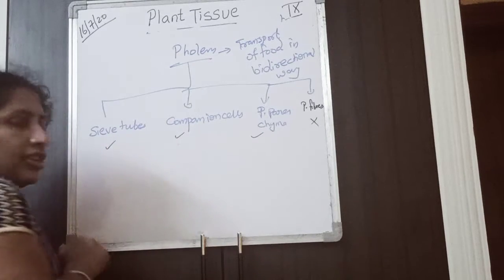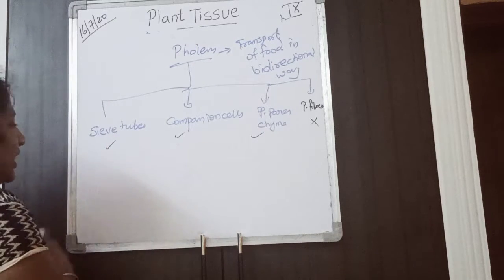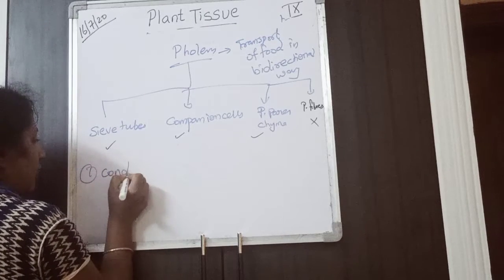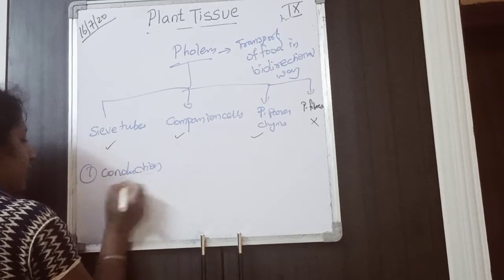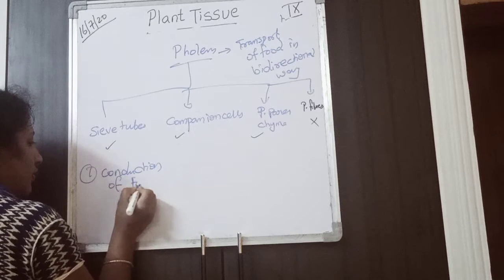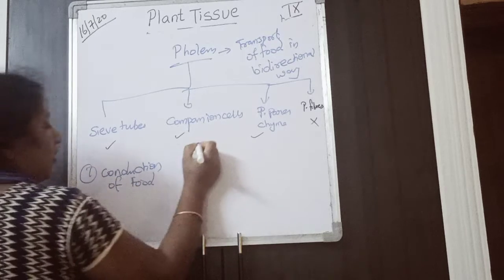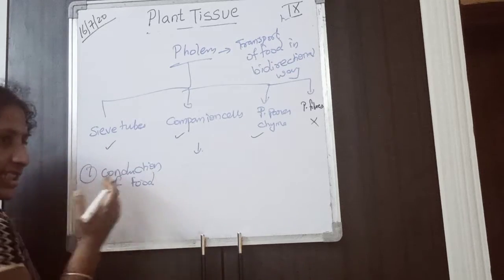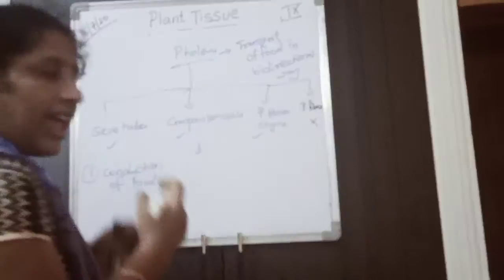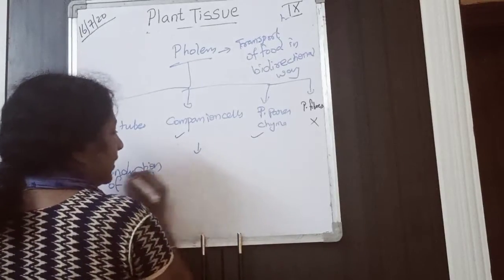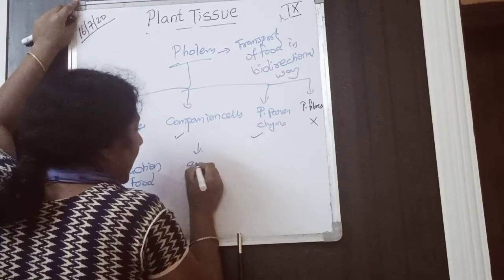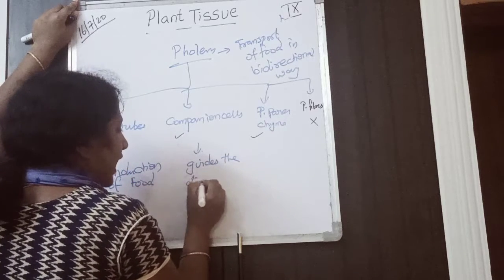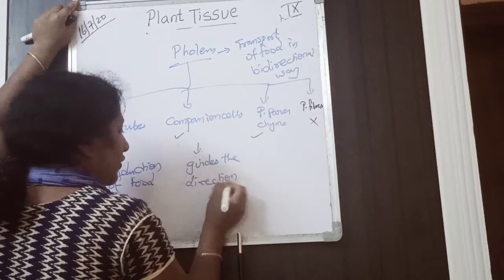What is the function of sieve tubes? It helps in conduction of food. So the main function is conduction of food. Each sieve tube will have a companion cell attached, and it guides the direction of food.